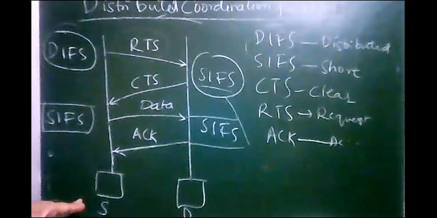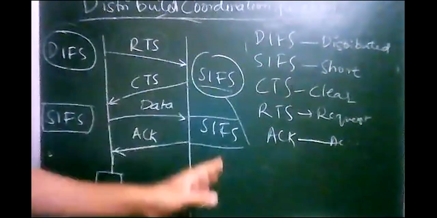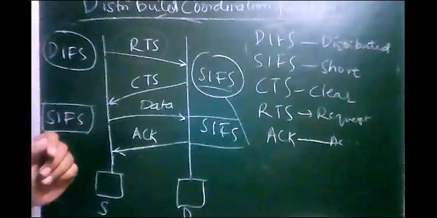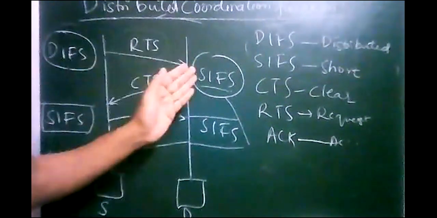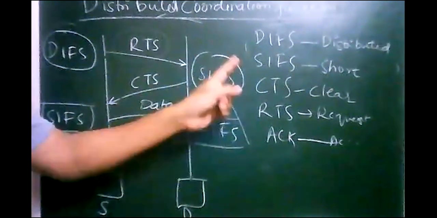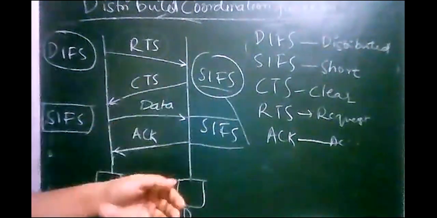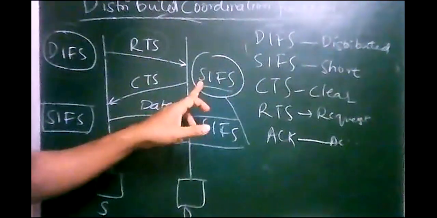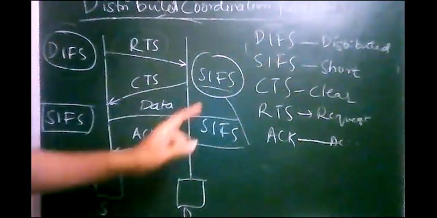The source station is sending a request to the destination station that I want to send data. The destination station will take some time to process this request. That time is nothing but the short interframe space.